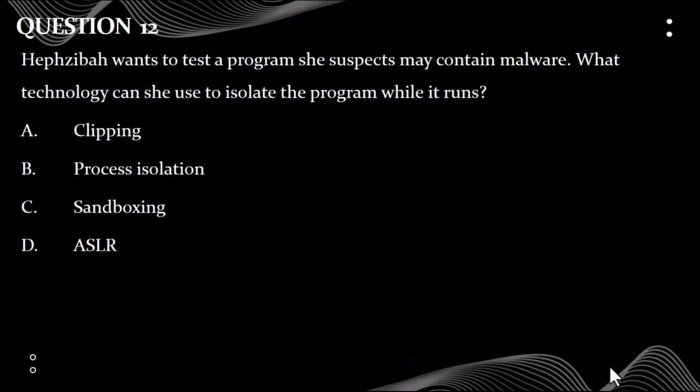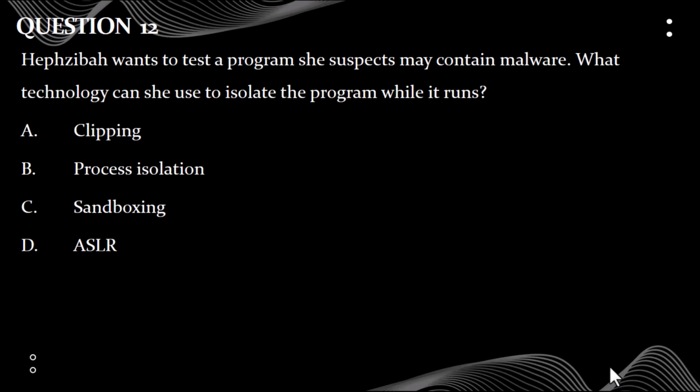Question 12. Hepzibah wants to test a program she suspects may contain malware. What technology can she use to isolate the program while it runs? A. Clipping. B. Process isolation. C. Sandboxing. D. ASLR.